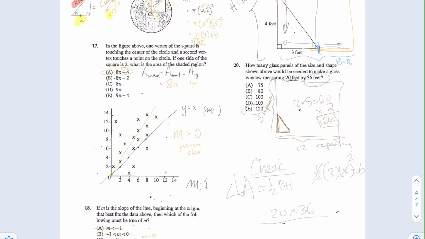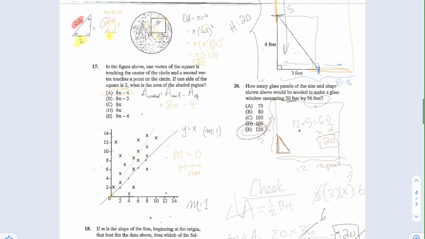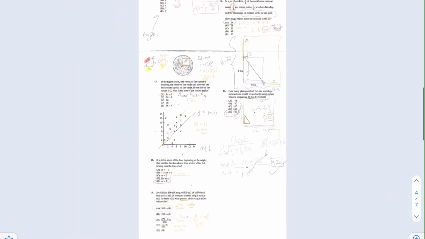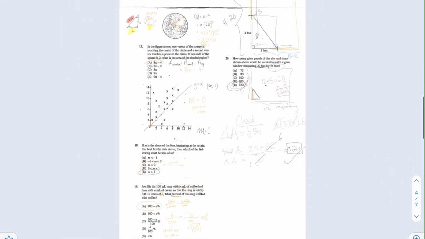And then when you divide this total area by the triangle area, which is 6, you can cross simplify. 36 and 6 becomes 6 and 1, and 6 times 20 is equal to 120. So that checks out. You need 120 of these triangles to fill the entire shape of the window.